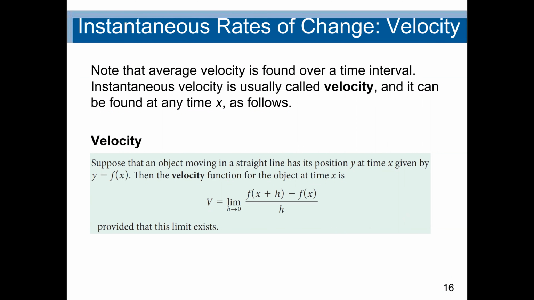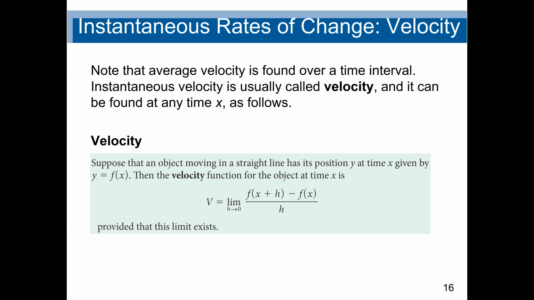And that is what is leading us now. We are getting close to the derivative. All the derivative formulas came from this formula. Here they say we should know that average velocity is found over a time interval.